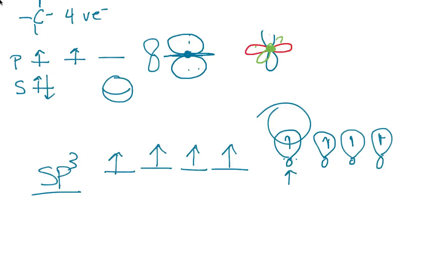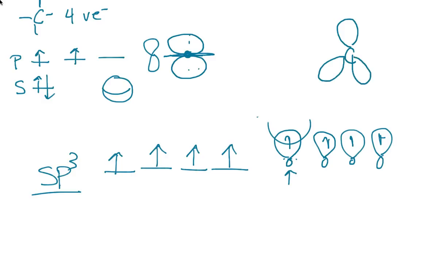Take those 4 orbitals and put them around a carbon atom. You could have an orbital in this direction. That little lobe I'm not going to worry about, so I'm not going to draw it. Then there's an orbital in this direction, and then an orbital coming out towards you, and then an orbital going back. That's the tetrahedron.